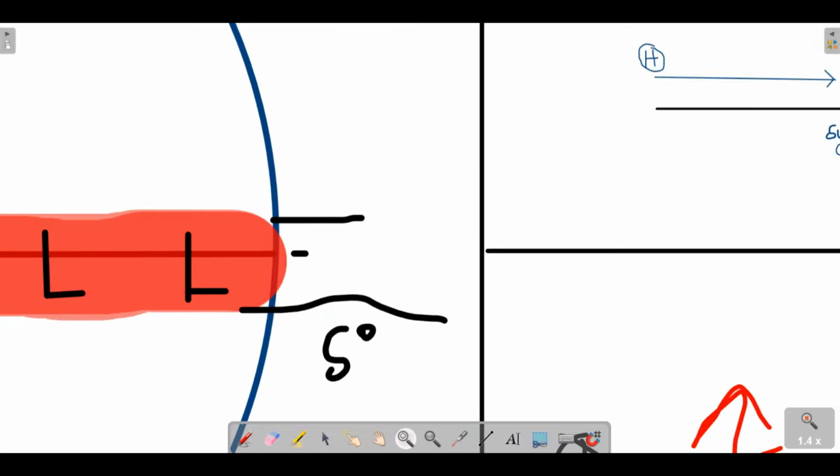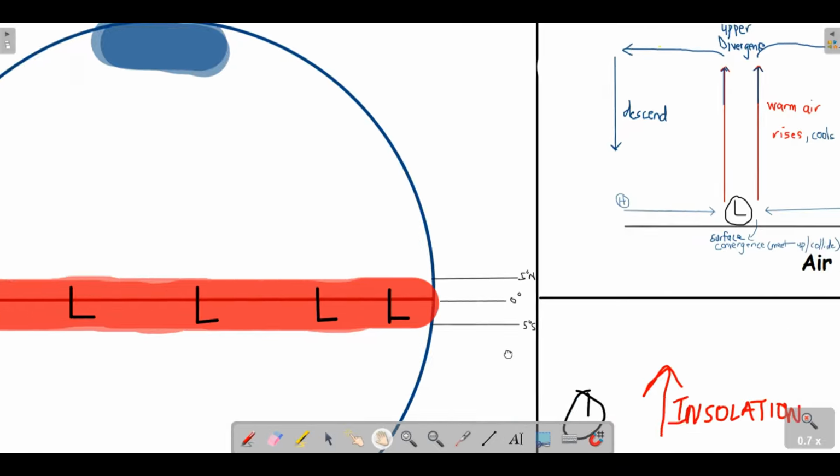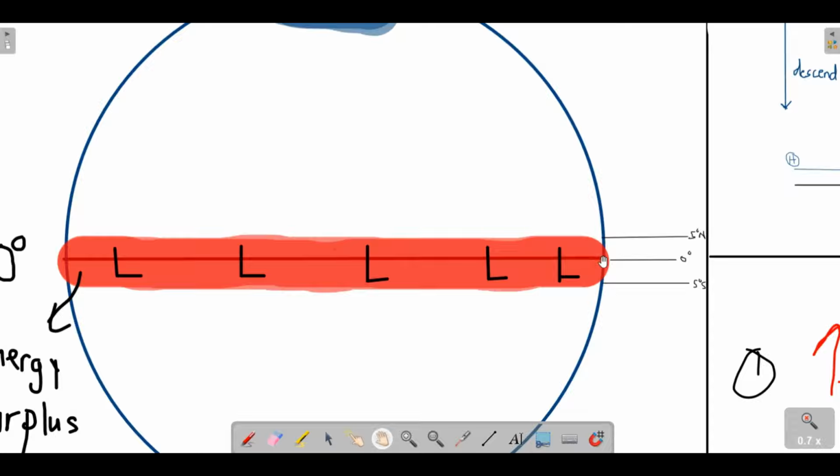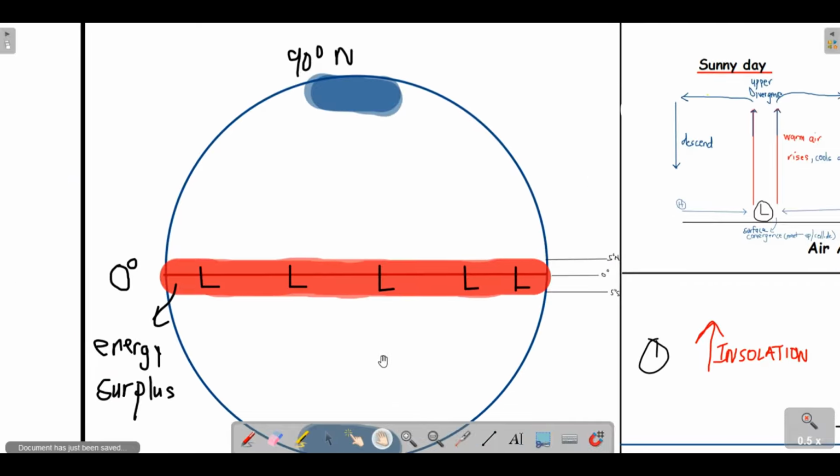So from 0 to 5 degrees, we see a lot of warm air rising up, hot air actually. So in this region, this vast area all the way around the earth, we have hot air, moist air, very moist air, that continuously rises up.